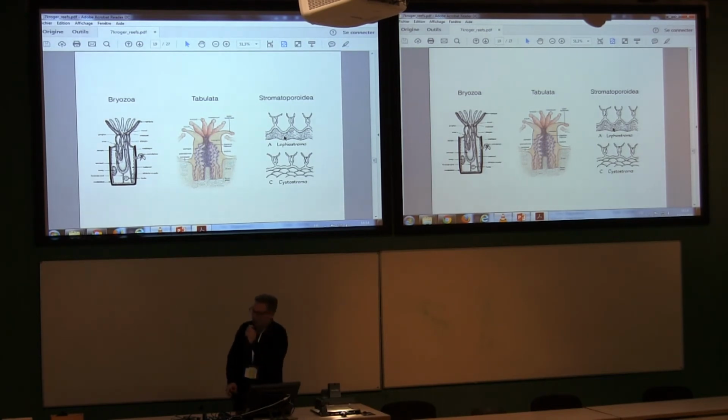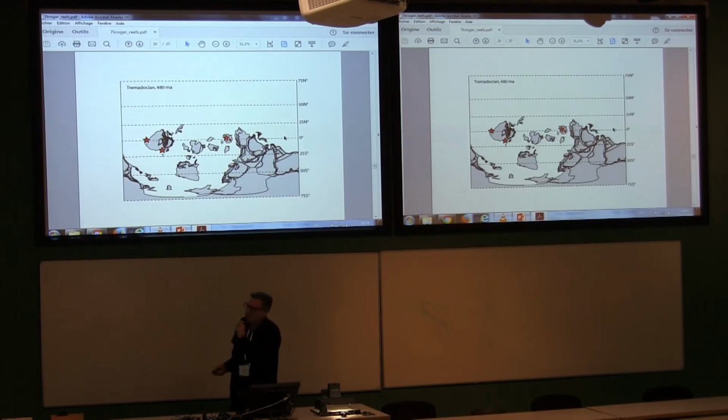And when we look now in the fossil record, the interesting thing is they are known since a long time, already from the Tremadocian. So from that time when the reefs were dominated by these moldy cheeses from the stromatolites. So we have in the tropics in the Tremadocian, in shallow, high energy environments, the first bryozoans, the first tabulate corals, and the first laminate stromatoporoids.